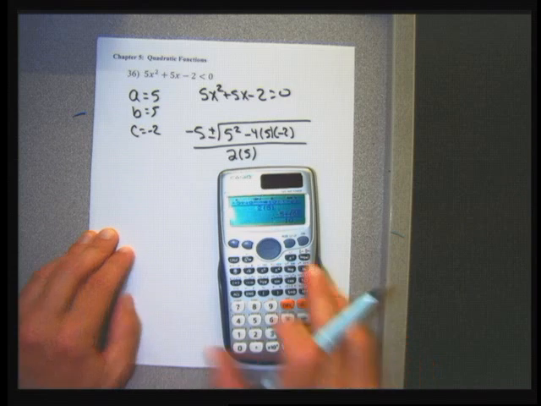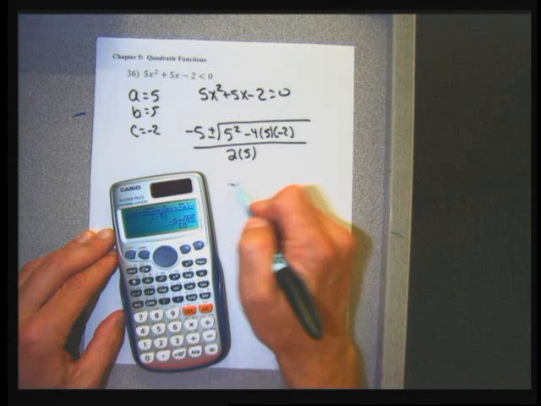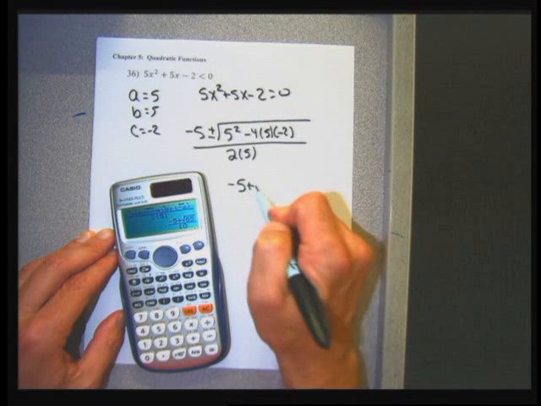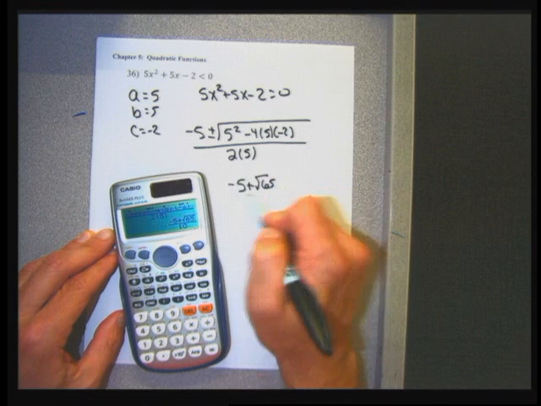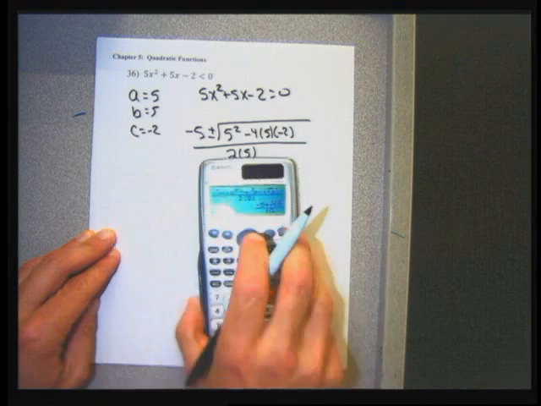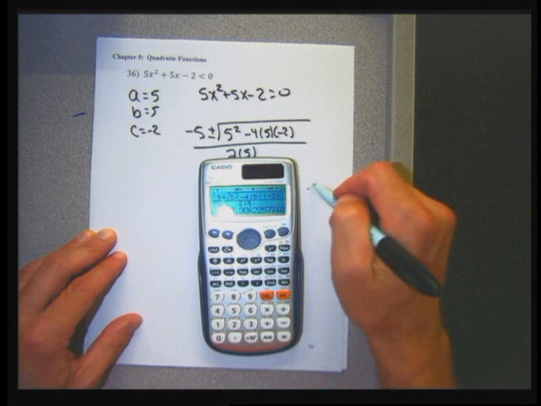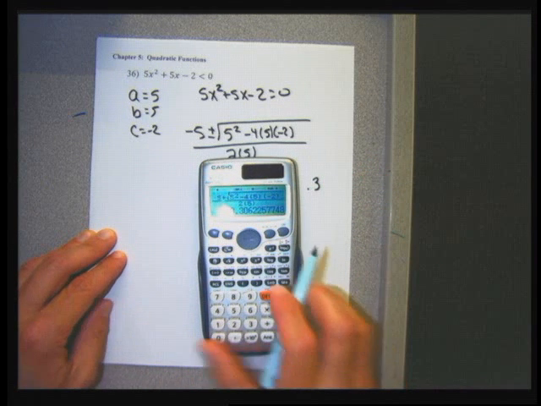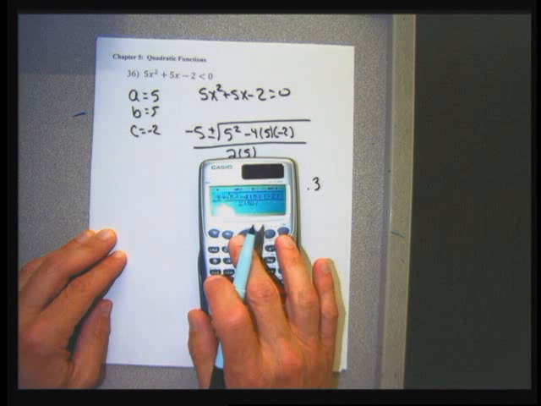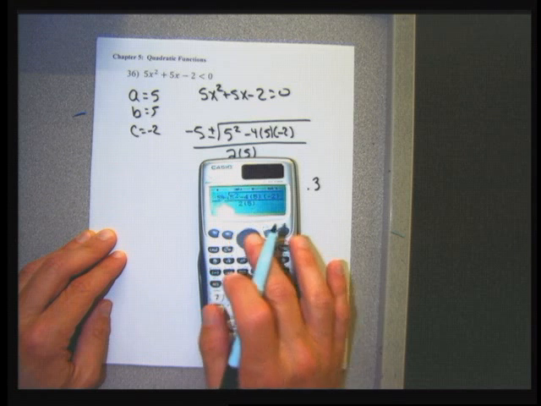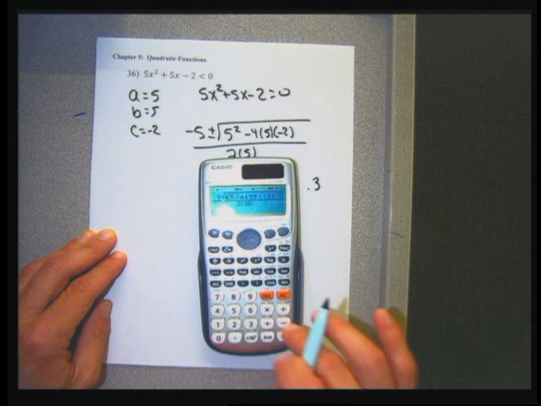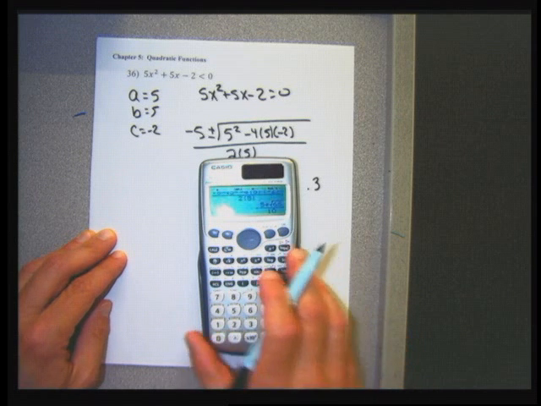And I get negative 5 plus the square root of 65 over 10. I need to SD that, so I'm going to SD it, and it gives me 0.3. Now I'm going to back up, change the plus sign to a minus sign, delete, minus, equals, and I get this thing.